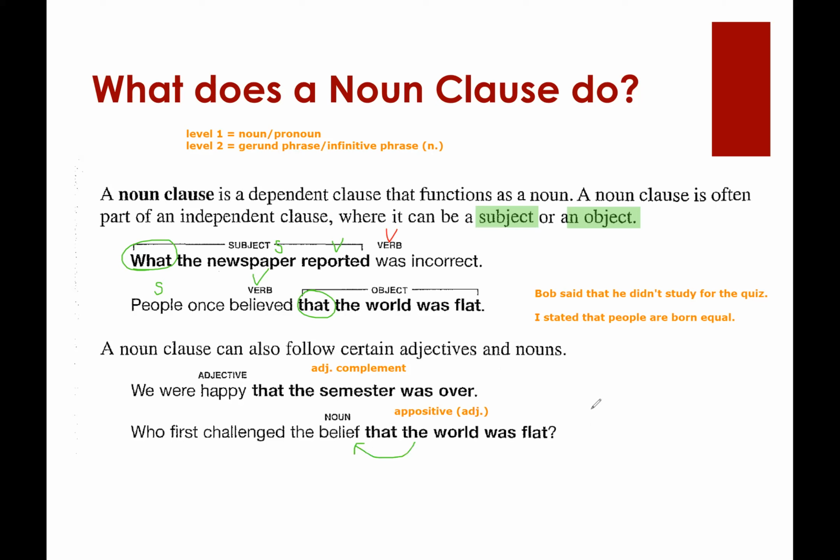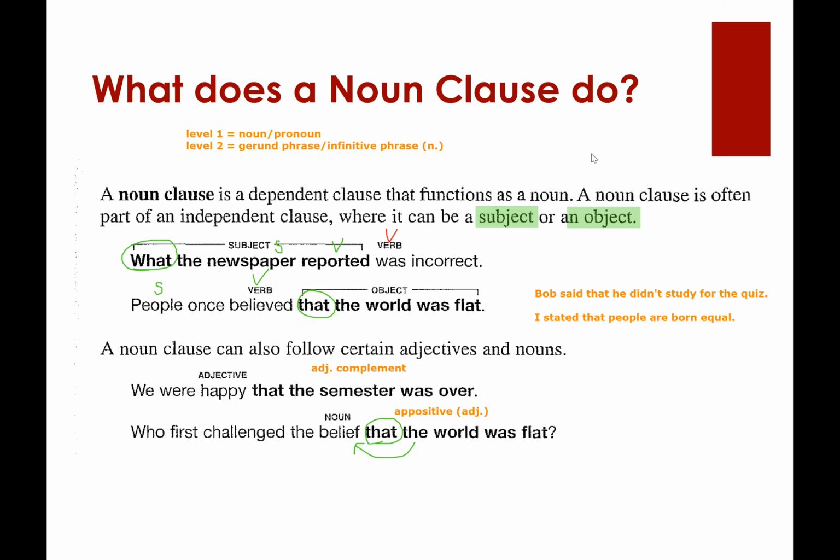If you remember previously, we talked about the difference between a that adjective clause and a that noun clause in apposition. So in this case, who first challenged the belief that the world was flat? This is again a that noun clause talking about belief.